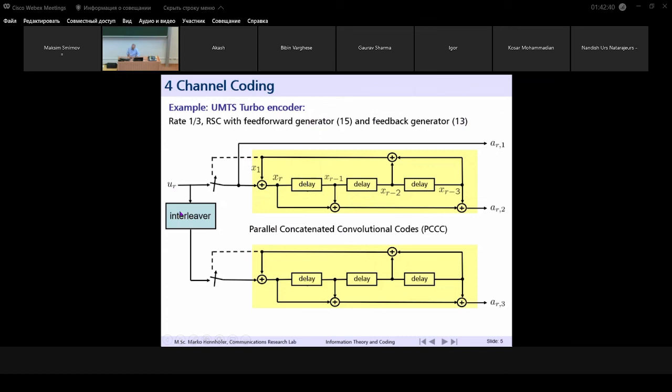So this interleaver basically just reorders the position of bits, so it does some temporal mixing of the bits. So this means our bit u_r will have different neighboring bits down here as compared to up here. So the whole idea of this interleaver and these 2 encoders is to get statistically independent encoded versions of the same bit, because I encoded with different neighboring bits.